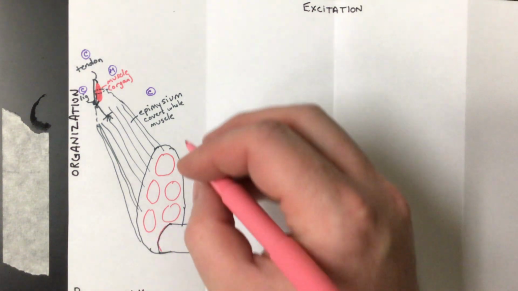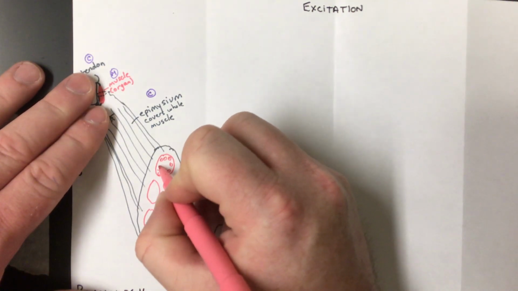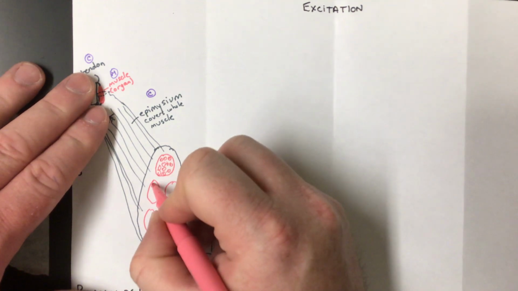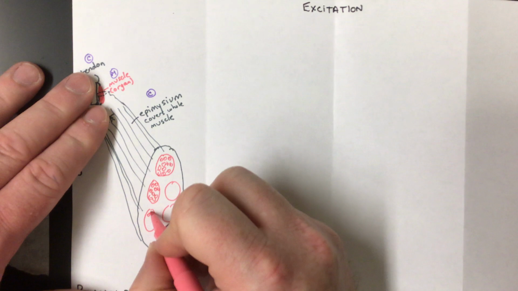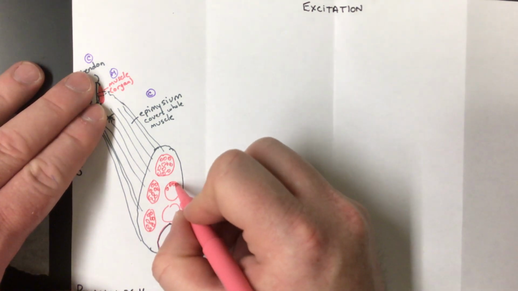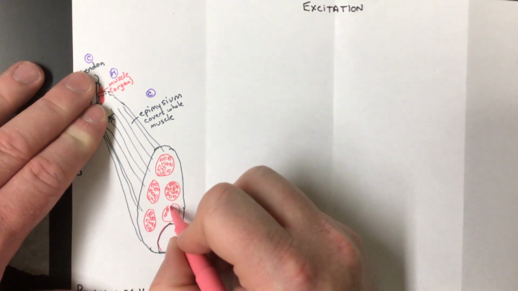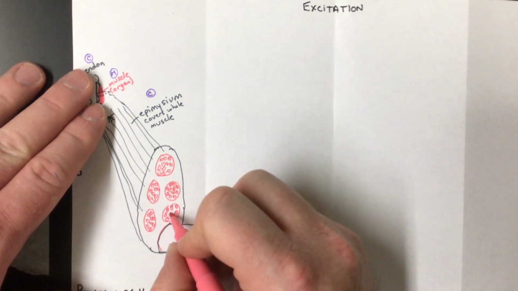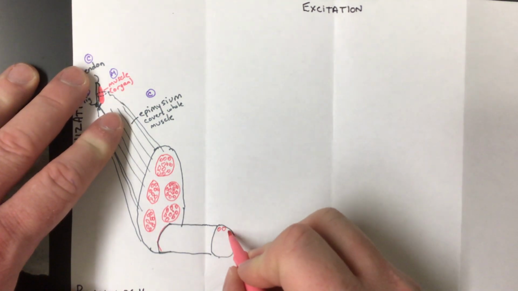Now, each of these is a bundle. So muscles are kind of like bundles of bundles here. And there's connective tissue coverings that organize each of the bundles. So the epimysium covers the whole muscle, and the whole muscle is a bundle of these guys right here.